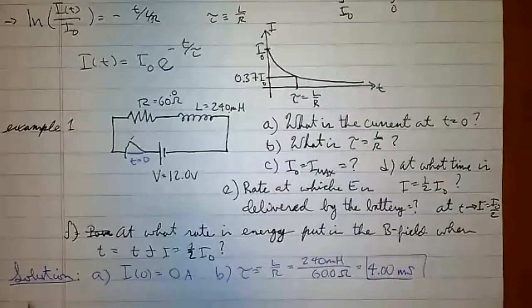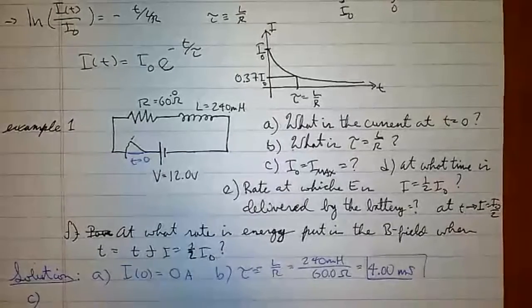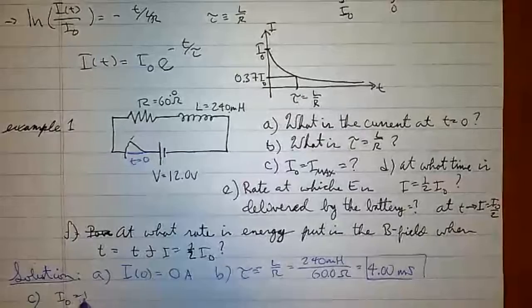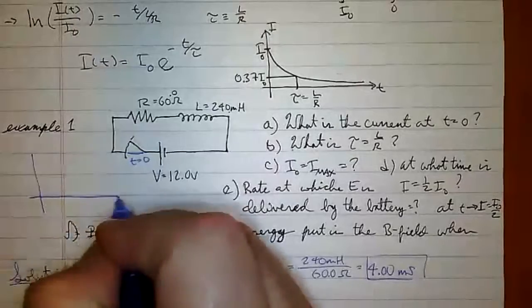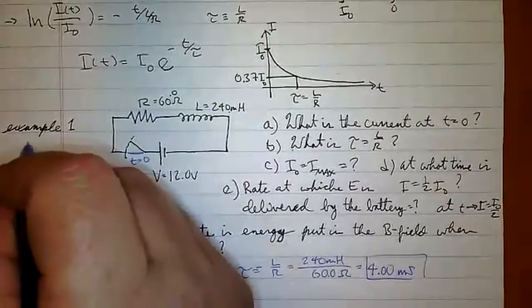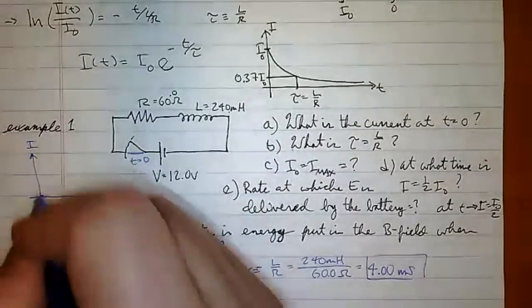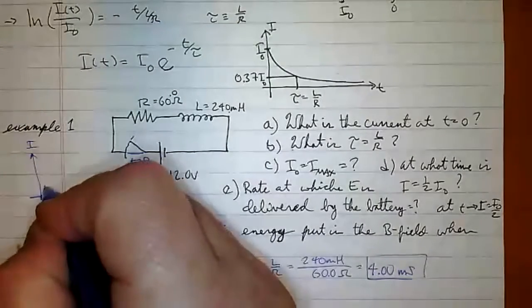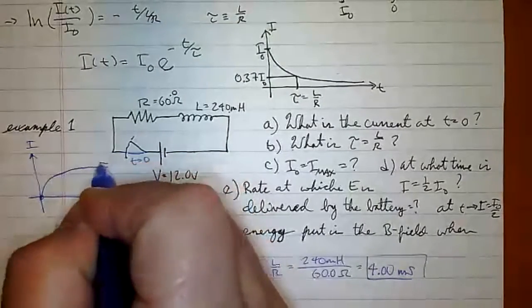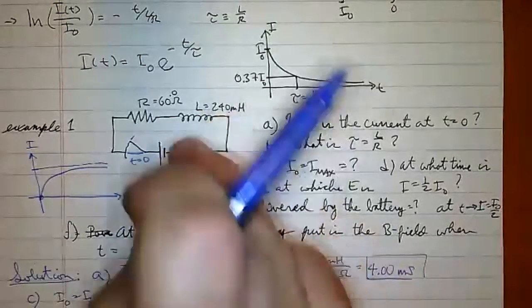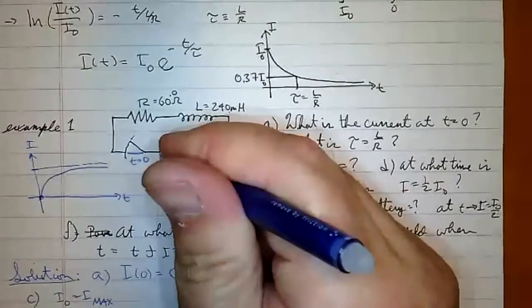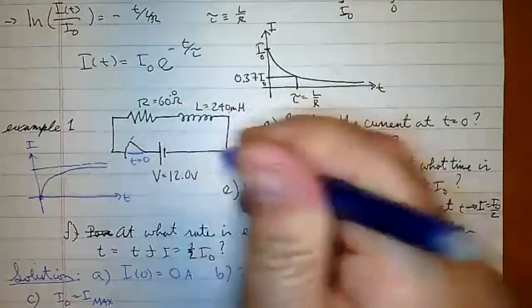Now let's look at part C. So part C wanted to know what is I0, equals I max. What's going on there? Remember, the graph of this from last class was shown to be right here. And then it grew like this and was asymptotically approaching this value, which was basically as if this battery just had the battery, a wire, and then a resistor.